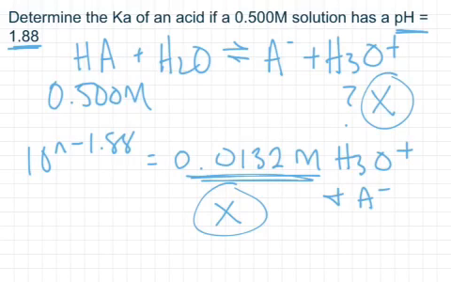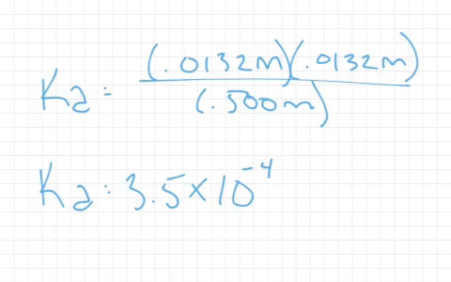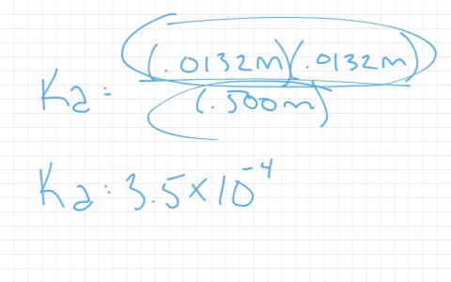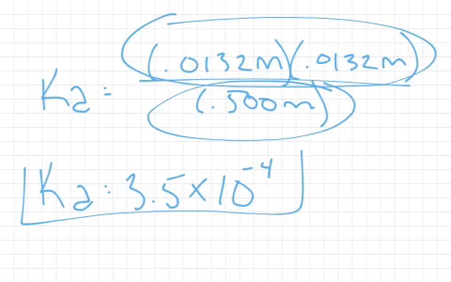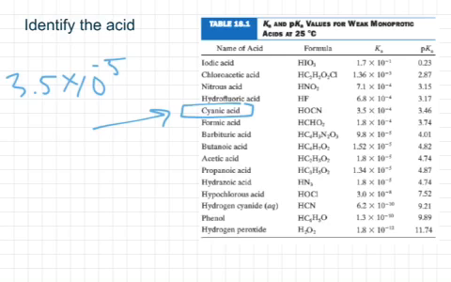And remember that X is the conjugate base and the hydronium. So when we solve for Ka, we plug X in and square it by itself, and then divide by the original molarity to get this as the Ka of the acid, which we can then use to identify the acid from a chart. So if our Ka is 3.5 times 10 to the negative 5, it is cyanic acid.